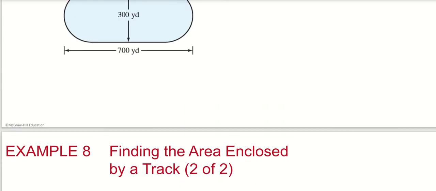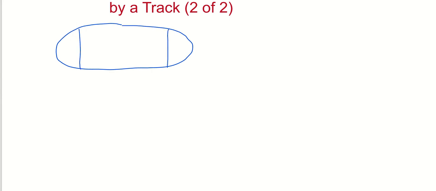We are also asked to find the area of the rink. And again, that's going to be done by doing a composite geometric figure. If we take that rink and split it apart, we get these two half circle pieces. So we get a half circle portion here, a half circle portion there, which when we combine them will give us the area of a full circle whose radius is 150.